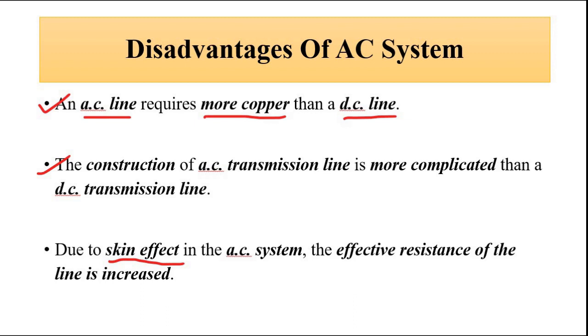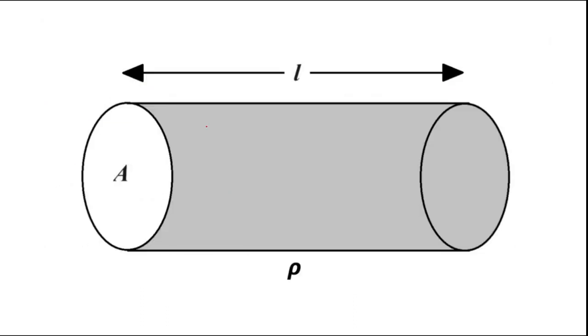So what happens in skin effect is that in the transmission and distribution conductors, the alternating current tends to go around the surface, the ends of the conductor.